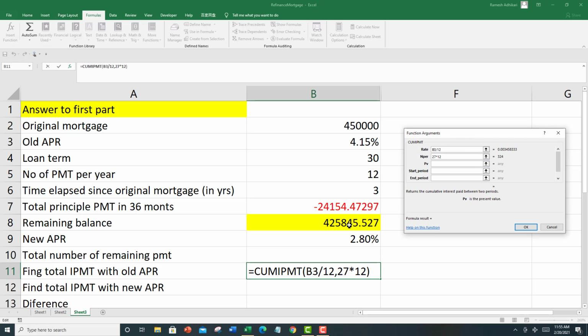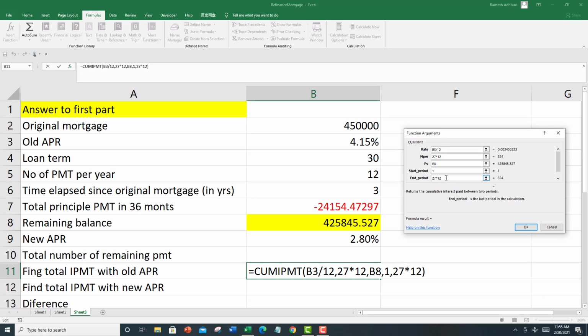For our case, this guy here, B8. And starting period, we are going to assume now it's new, right? Because we use that total number of periods is 27 times 12, it's going to be all the remaining periods, which is starting period is now until the end, which is 27 times 12.